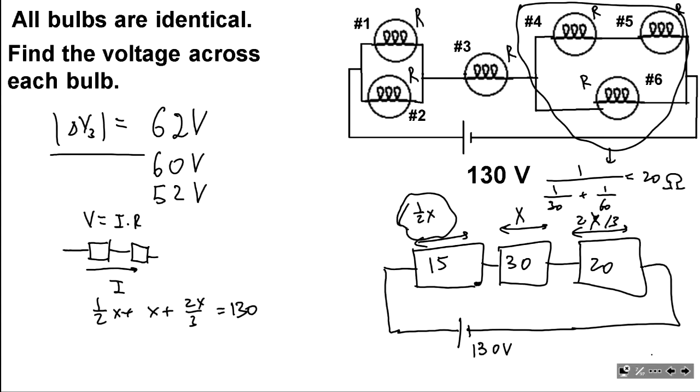This is an equation we can solve because it has only one unknown. We just need to figure out the common denominator. Common denominator will be 6, right? So 6 times 130. That's going to be 3 plus 6 plus 4.